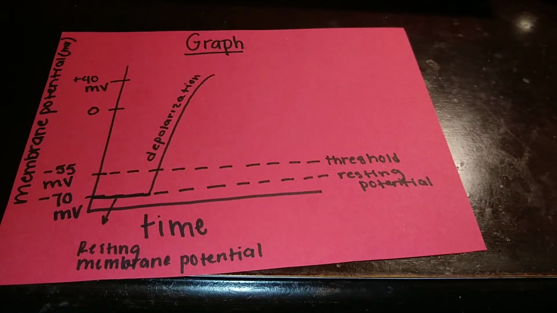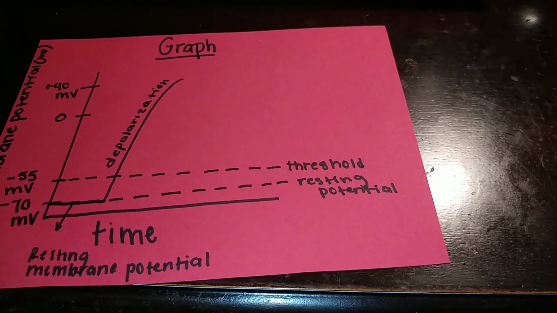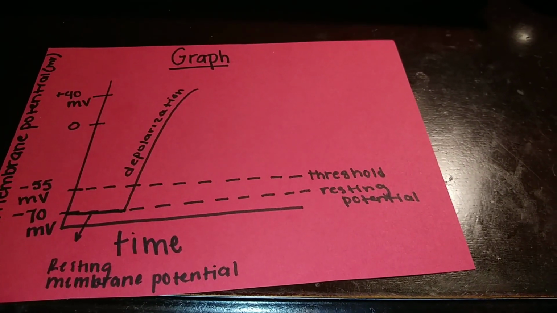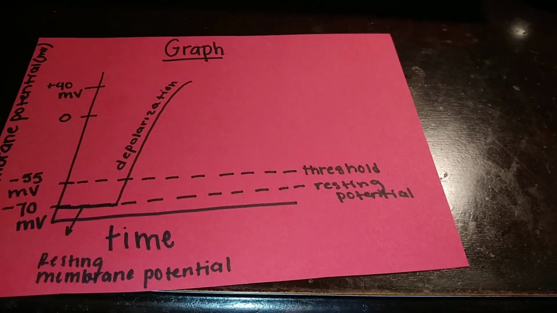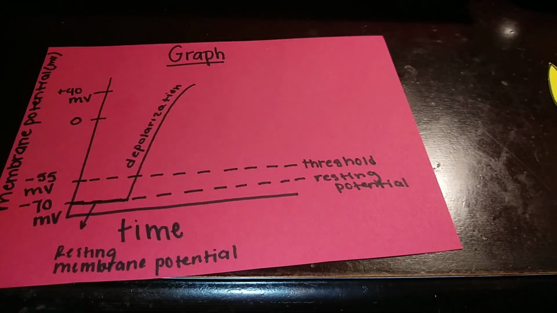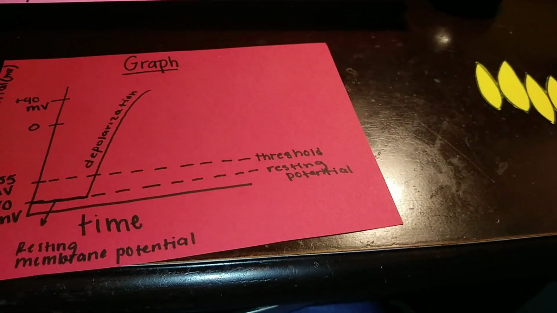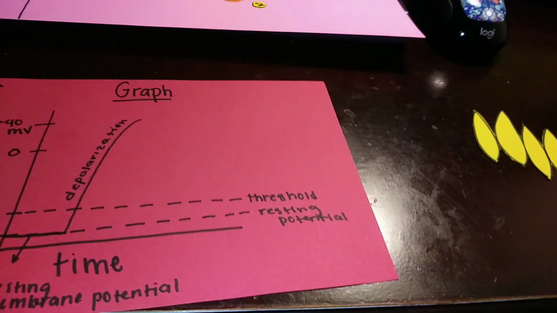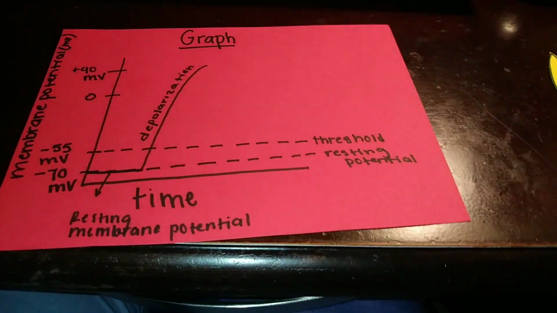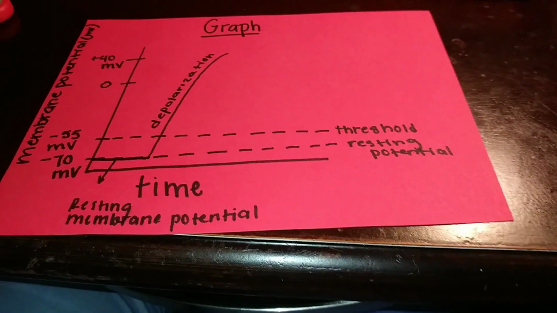So for this one, it goes down. It doesn't keep increasing. It makes that curve and then it goes down like a hill. I'm going to graph that now so you can see what I'm talking about.